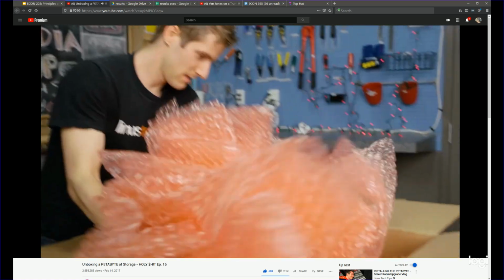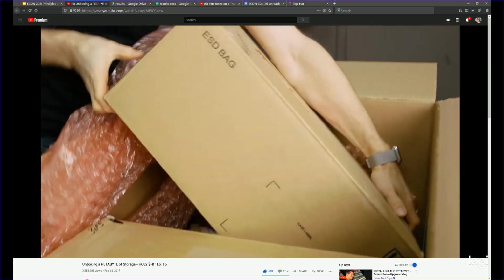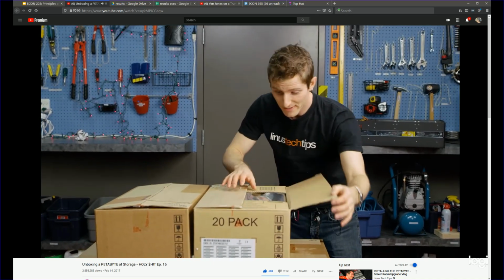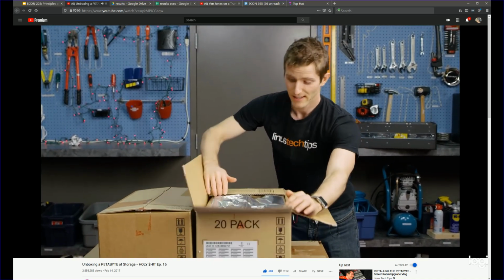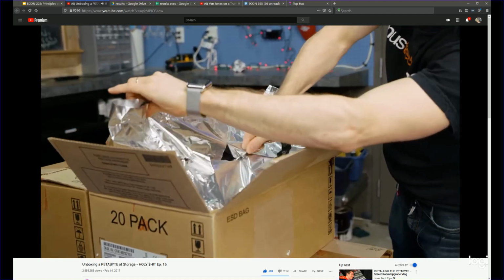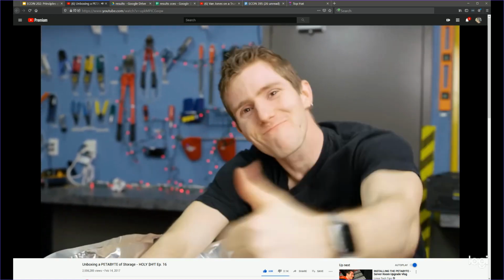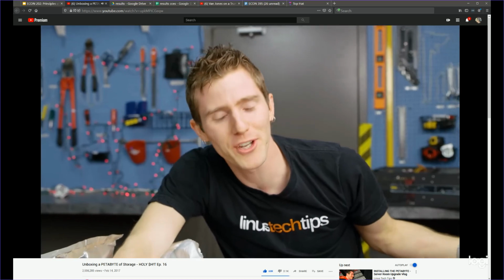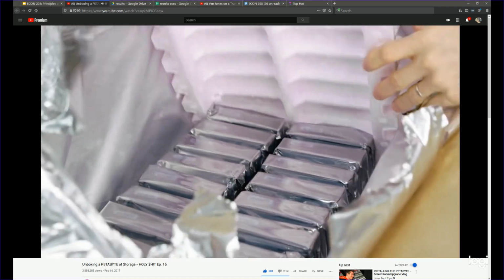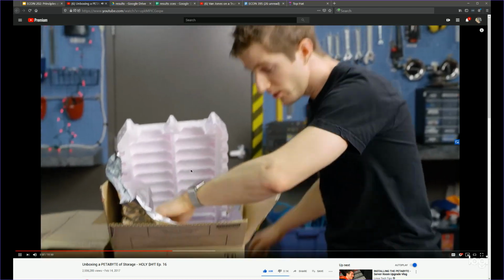See, this one all has the same packing material in it. So here it is. This is what's inside. More packing material. I mean, they're hard drives. They're kind of fragile. This all makes sense, but here we go. Oh, yes. So I guess now is a good opportunity to talk.